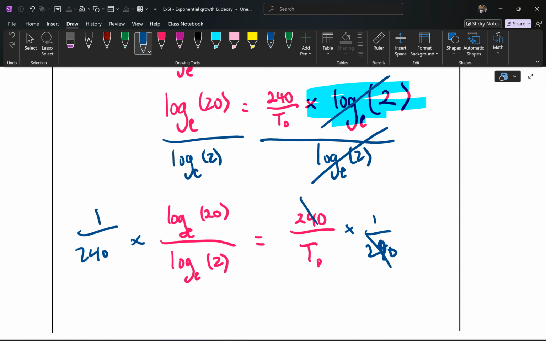A tip to simplify your life as well: because they're fractional, they're proportional at the moment. One tip is that if you do not like fractions and you need to solve for TD on the bottom, you can actually do the reciprocal. You do 1 divided by the right-hand side and 1 divided by the left-hand side, and it flips the fraction.